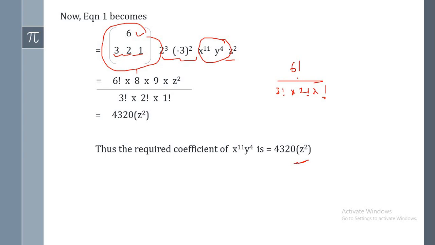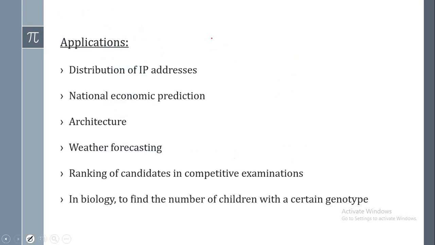Now coming to the applications of binomial theorem, we have got these many applications. First one is distribution of IP addresses. In networks we use the concept called IP addressing, that is internet protocol addressing, the unique number given to each and every network. So while distributing those IP addresses, we will use the binomial theorem.